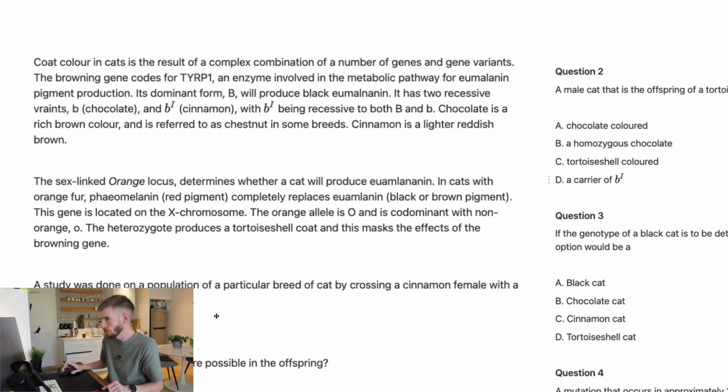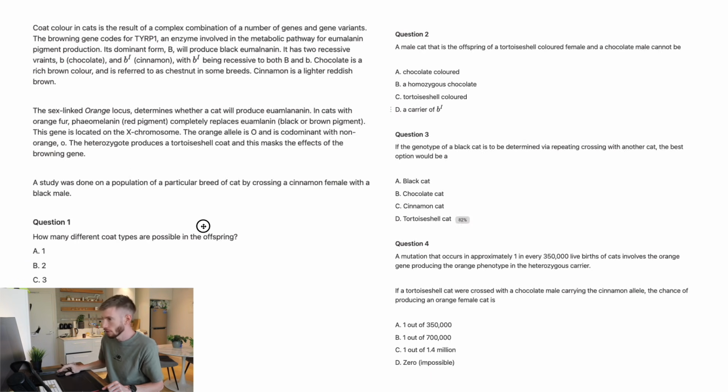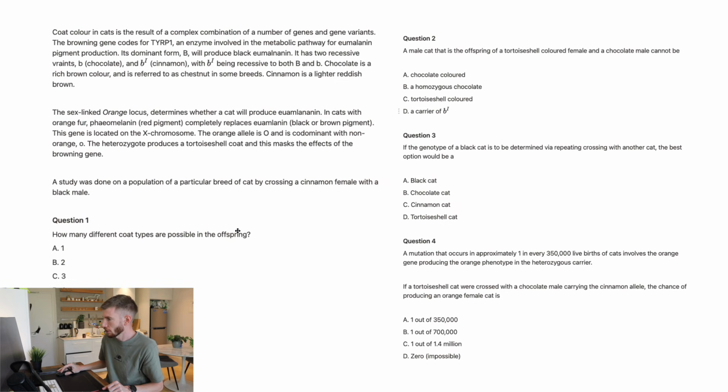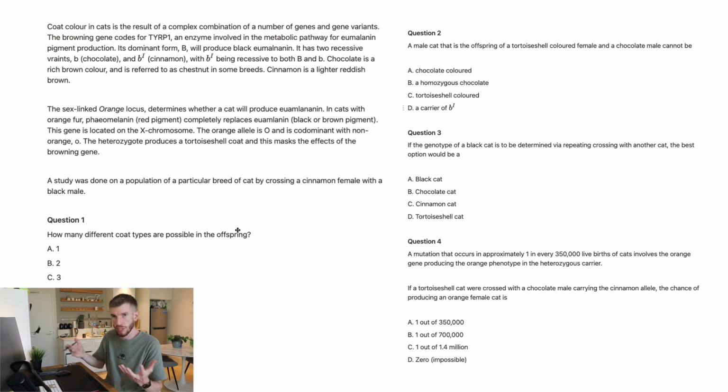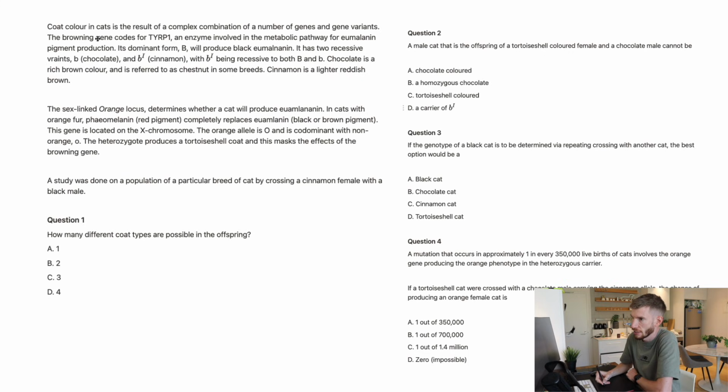So if I come back up, I think it was quite a way up now. Here we go. I'll just zoom that out a little bit. So this question that I've put together, just like all my other section 3 sample questions: coat color in cats is the result of a complex combination of a number of genes and gene variants. The browning gene codes for TYRP1, an enzyme involved in the metabolic pathway for eumelanin pigment production.